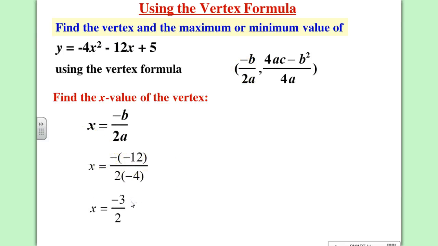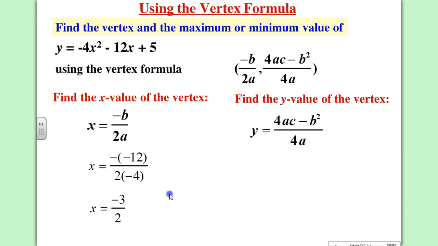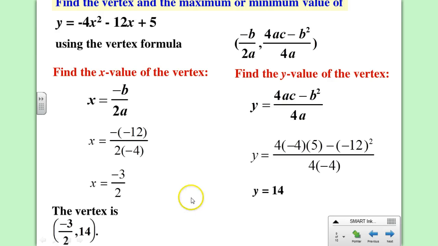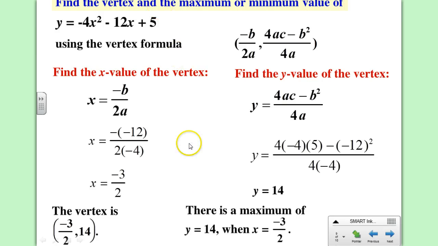The x value for the vertex is -3/2. And the y value for the vertex, when we go through that work, 4ac minus b² over 4a, ends up being 14. And it saves you the work of completing the square, right? Boom. The vertex is (-3/2, 14). Therefore, there is a maximum of 14 when x equals -3/2.